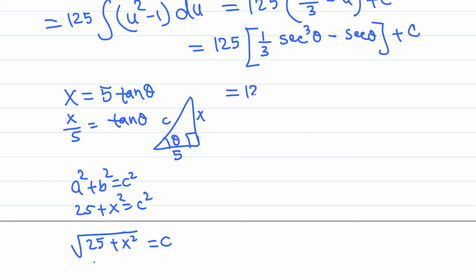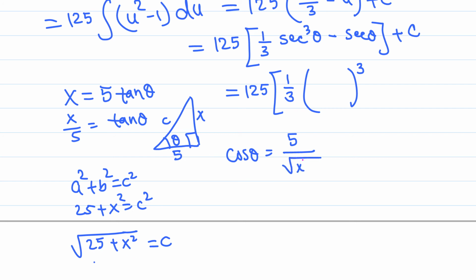So 125 times the quantity 1/3 secant theta cubed, secant theta cubed. So how do we find secant theta from here? We know that cosine theta is adjacent over hypotenuse. Adjacent over hypotenuse, 5 over the hypotenuse, the square root of x squared plus 25. So cosine theta is 5 over the square root of x squared plus 25. You cannot simplify, this is not 5 plus x.